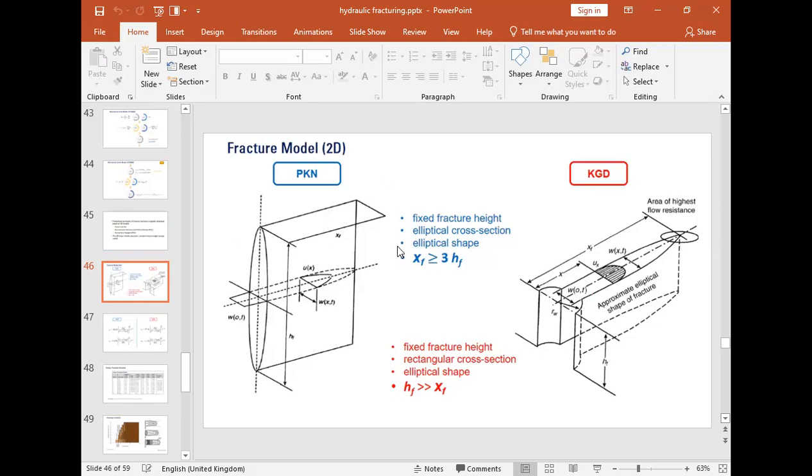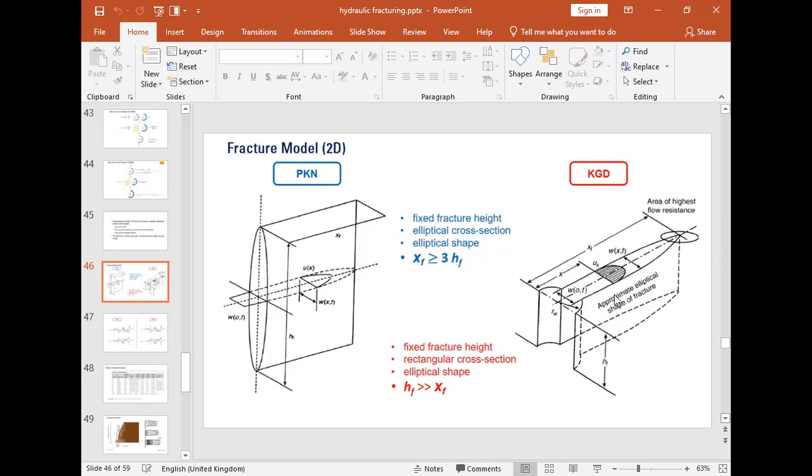For a PKN model, we have a fixed fracture height, we have an elliptical cross-section, and the fracture half length is greater than 3 times the fracture height.